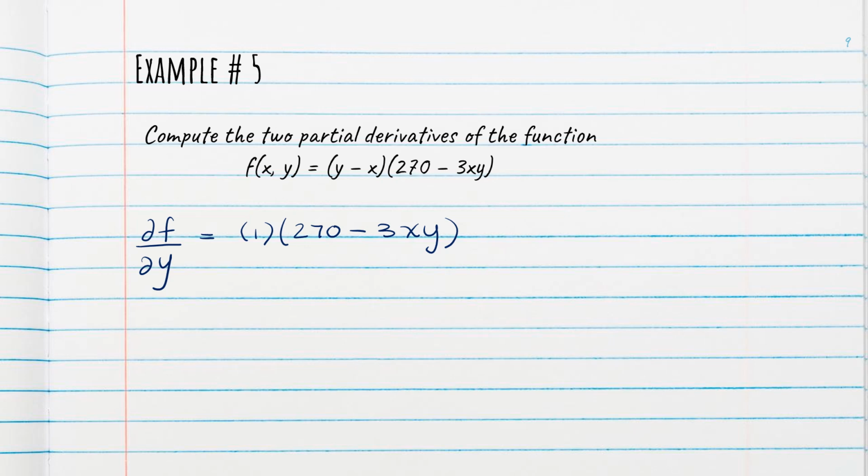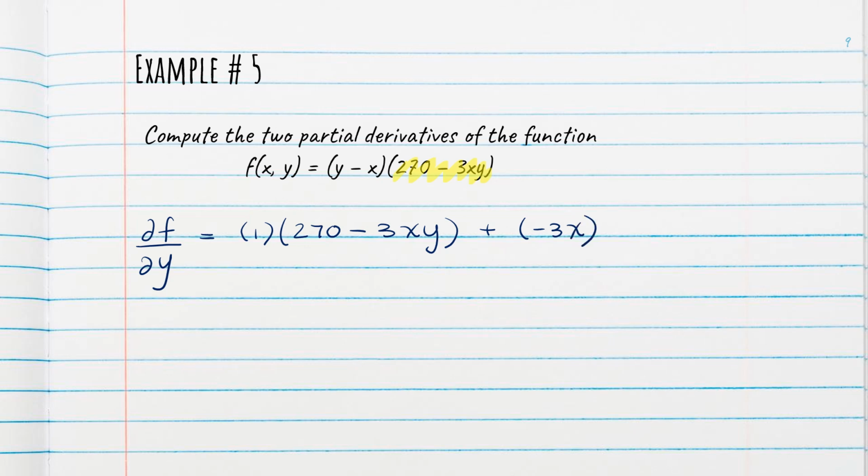I'm going to focus on that second term, the 270 minus 3xy, and I'm going to differentiate it with respect to y. So I'm treating x as a constant. So what's the derivative of 270 minus 3xy with respect to y? The 270 drops out. Y is just multiplied by the constant negative 3x, so we're just left with that constant, negative 3x.